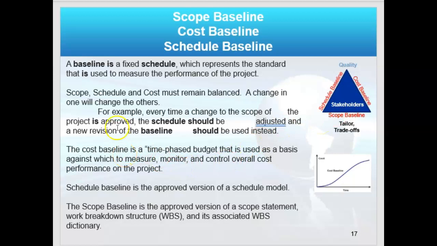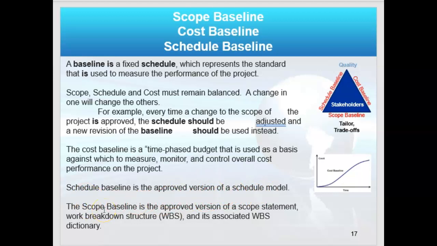Now, remember a cost baseline is unique because it is, in its definition, a time-phased budget. That's the term you'll see often. The schedule baseline, the definition there is the approved version of the schedule model.